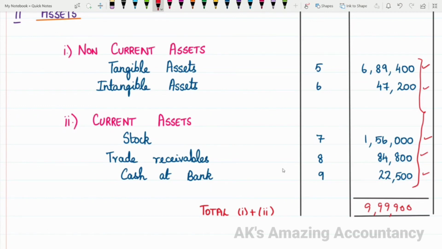This is the total of 5, 6, 7, 8, 9, or this is the total of non-current assets plus current assets. This has to be the same as the total of equity and liabilities. Only then our answer will be correct.